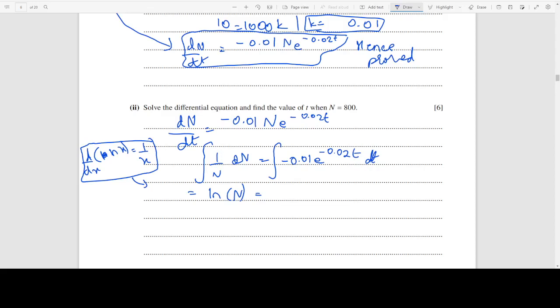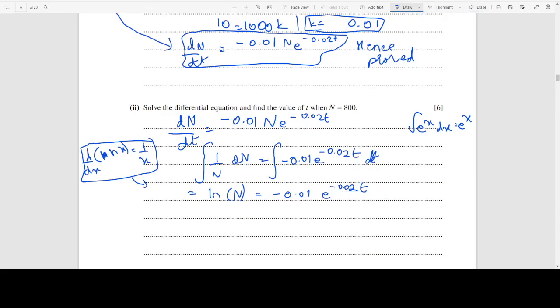This is going to be equal to minus 0.01 constant, and we know that integral of e raised to x dx is always going to be e raised to x. So e raised to minus 0.02 t, but we have e raised to minus 0.02 t, so you'll have to divide by the derivative of this part with respect to t.